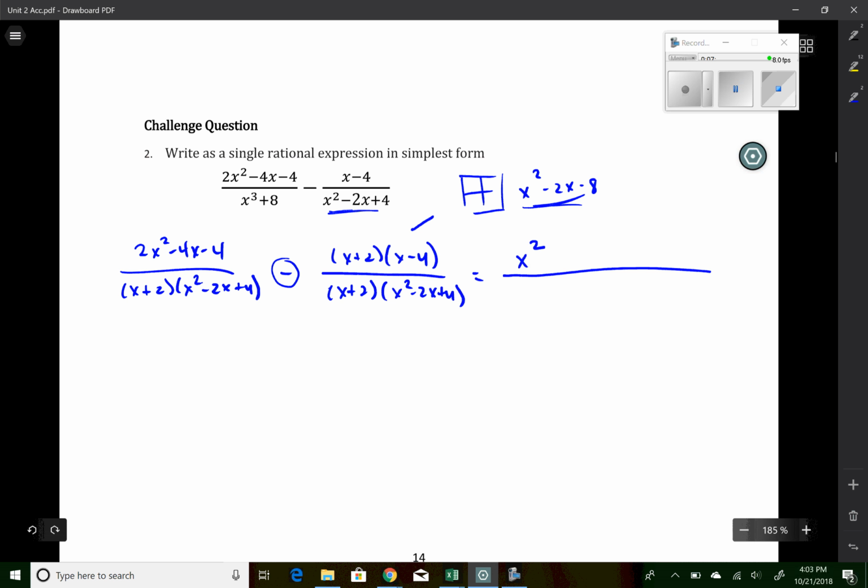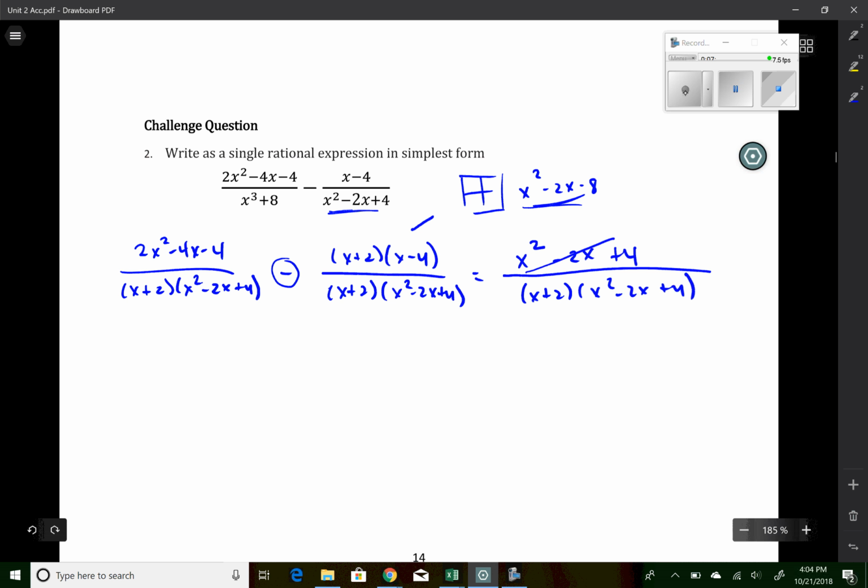I'm going to have negative 4x minus negative 2x. Well, that's going to become a positive, so that's negative 2x when I combine those up. Negative 4 minus negative 8, again, the double negative situation there, so that's going to become a plus 4. And that's all going to be divided by x plus 2, x squared minus 2x plus 4.